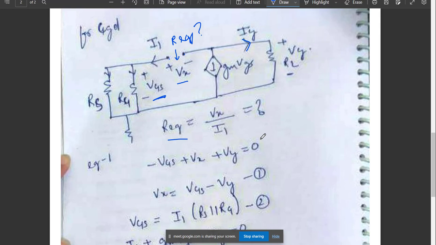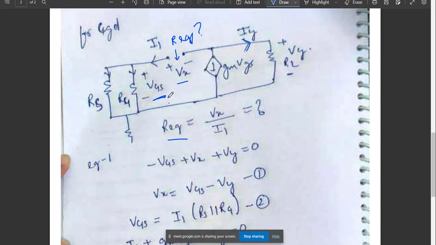Any doubt? Okay, so now we will see for parallel. We already know that for parallel branches voltage drop is same, right? So let's apply KVL here.